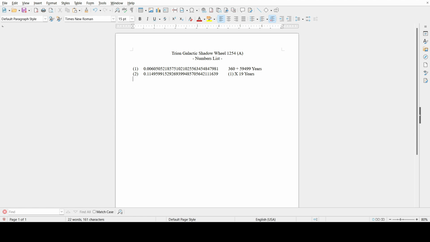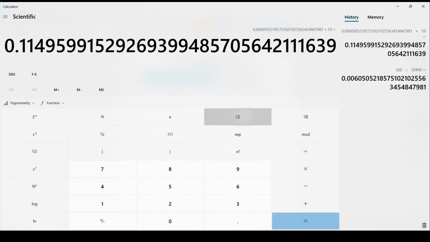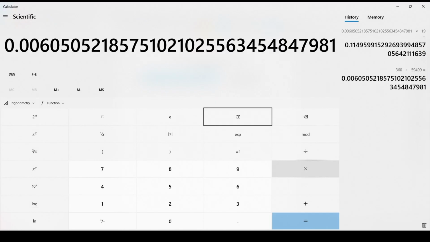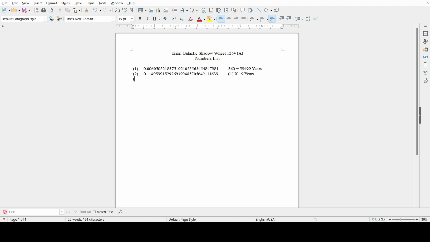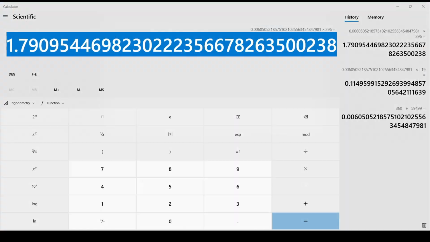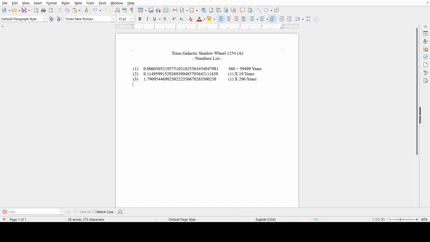Now take list number 1 and multiply it by 296. Take the product and list it as number 3. Now take list number 1 and multiply it by 315.